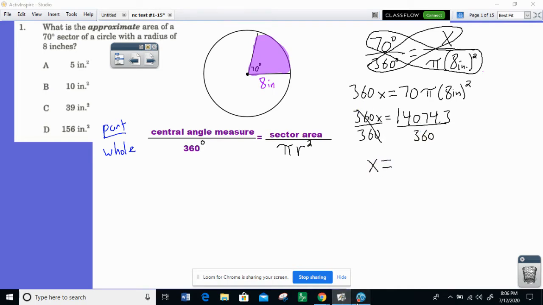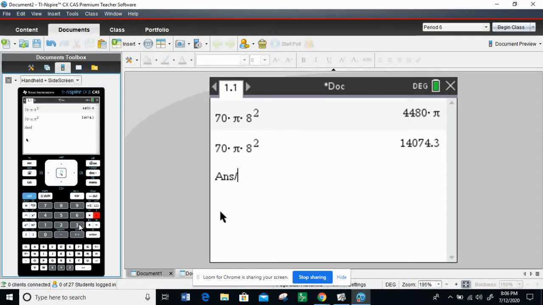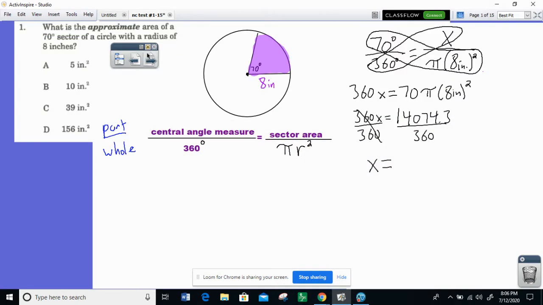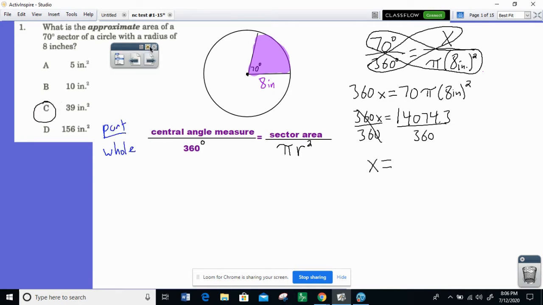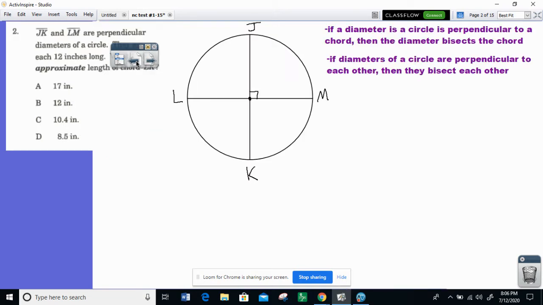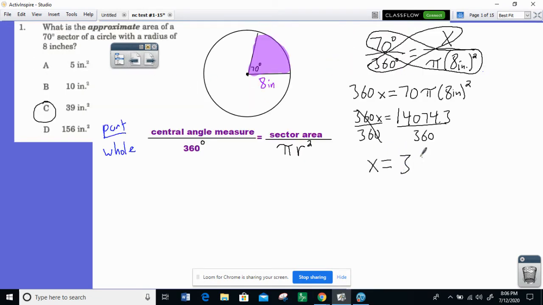So if we work that out in the calculator, divide by 360, that comes out to be 39.0954. That is closest to 39 inches, so that is why number 1 is C. All right, I guess we can put 39 inches squared there also as an approximate.